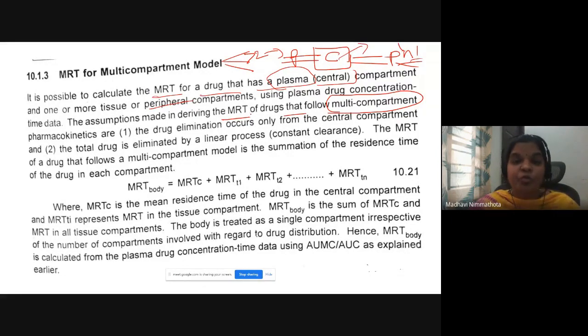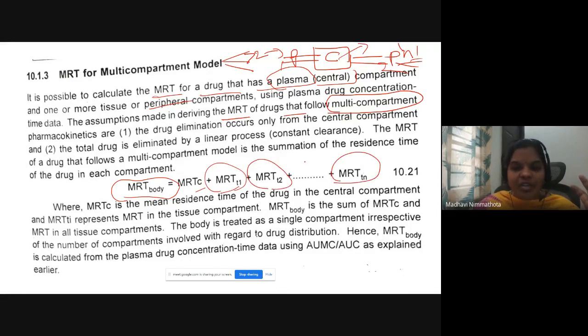So there is a need to calculate the mean residence time of the drug for each and every compartment. That means how much time it spends in peripheral compartment 1, in peripheral compartment 2, and so on. This is the MRT of the body, that is nothing but the MRT of our drug molecules. The MRT of our central compartment is MRTC. So C is the central compartment, T1 is one peripheral compartment, T2 is another, and Tn, and so on.